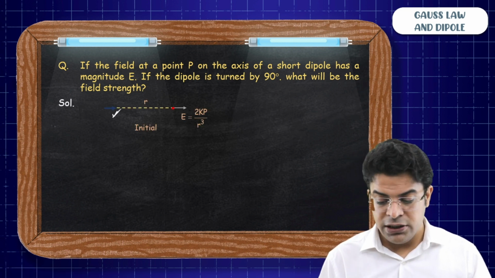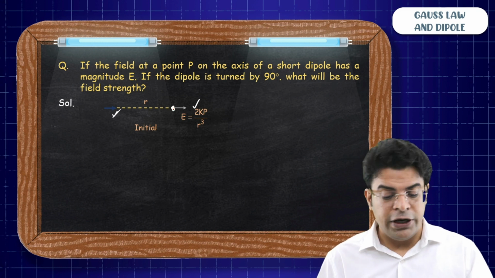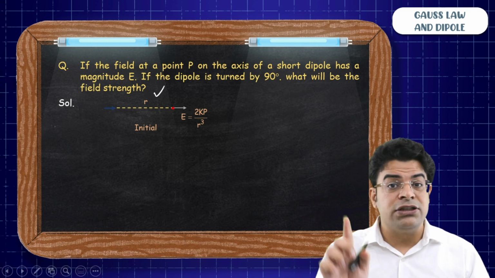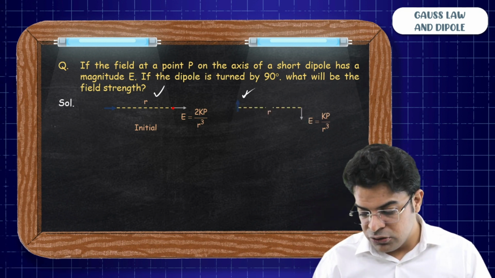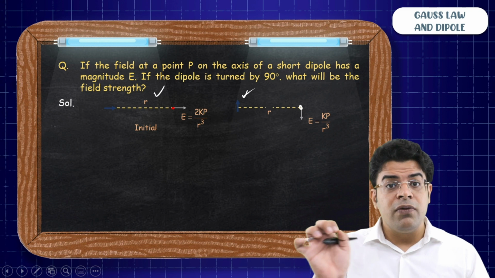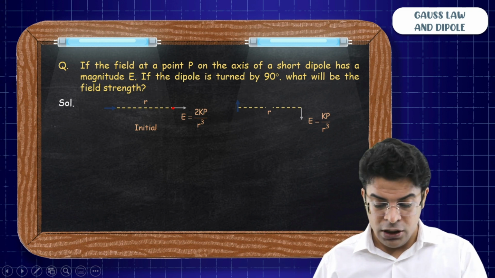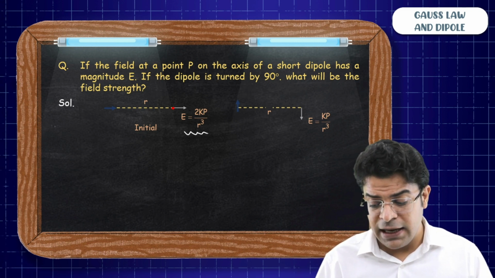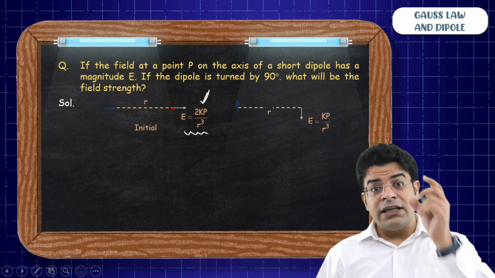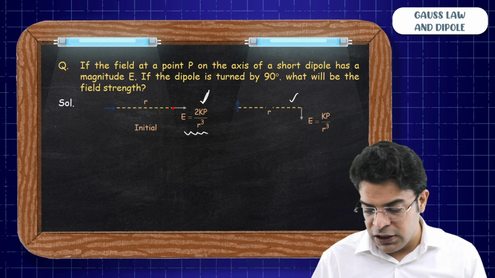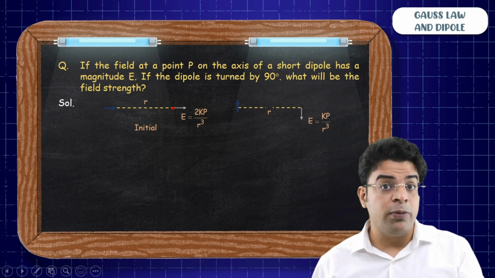Initially, you are talking about a point at distance r on the axis of the dipole. Once you turn the dipole by 90 degrees, the same point is on the equatorial line at distance r. For an axial point, we know the electric field strength is 2kp by r cube. But at the same distance on the equatorial line, the electric field strength is kp by r cube.